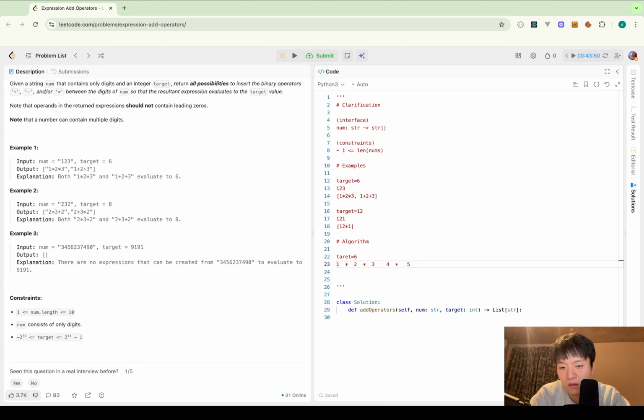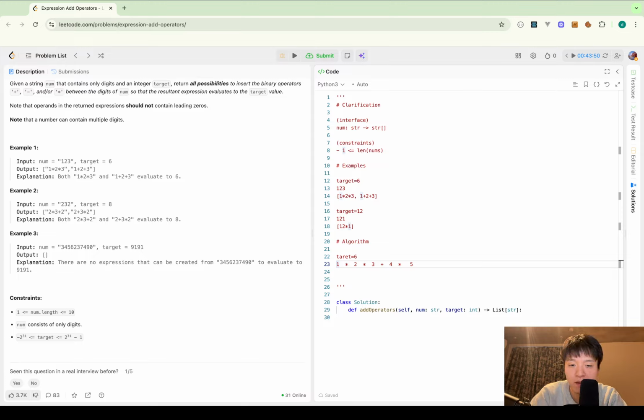And plus and minus should be thought about later. But the order of plus and minus does matter, so I have to calculate from the head.